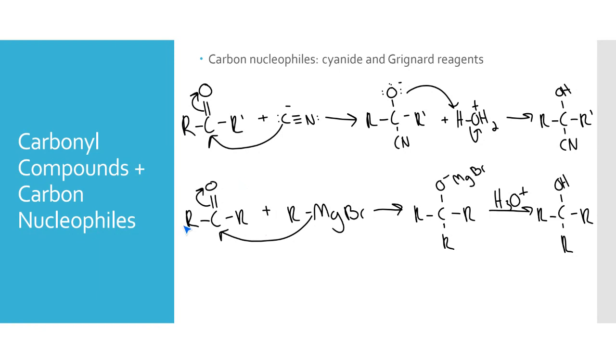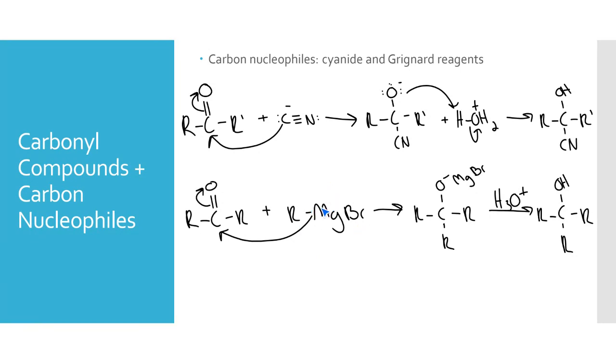Now, reaction of carbonyl compounds with a Grignard reagent. You remember Grignard reagents: we react a bromoalkane with magnesium, and that will insert a magnesium atom in between the carbon and the bromine.